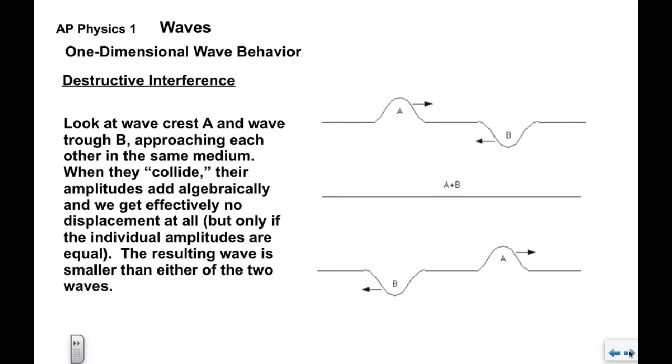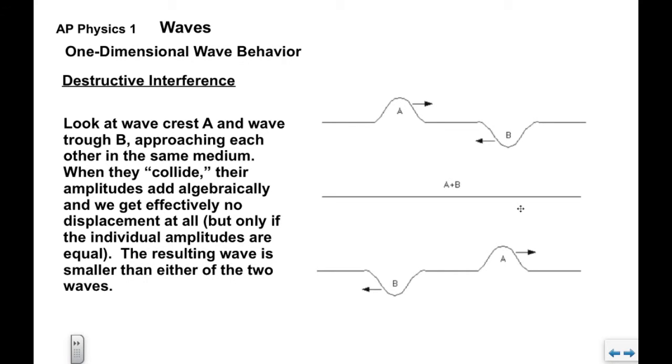Now, destructive interference is the opposite. We have a wave crest A approaching a wave trough. The crest is moving left to right. The trough B is moving right to left. When they collide, if they happen to have the same amplitudes, they will cancel each other out. So temporarily, when A sits on top of B, we have effectively no displacement in the medium at all.